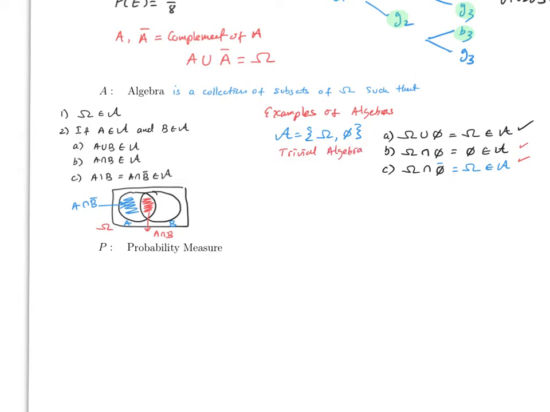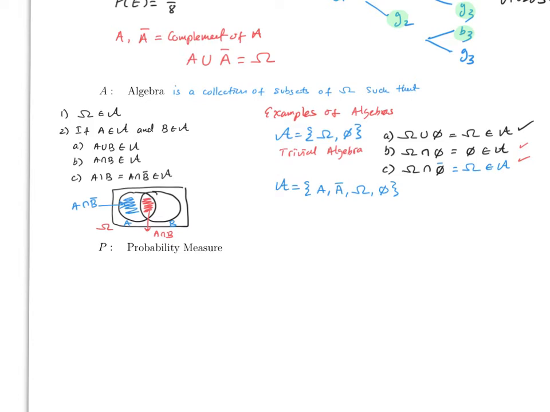All right, another example is the following. This is equal to A for some set A. You also have the complement, omega, and the empty set. Make sure you don't confuse A with the algebra.